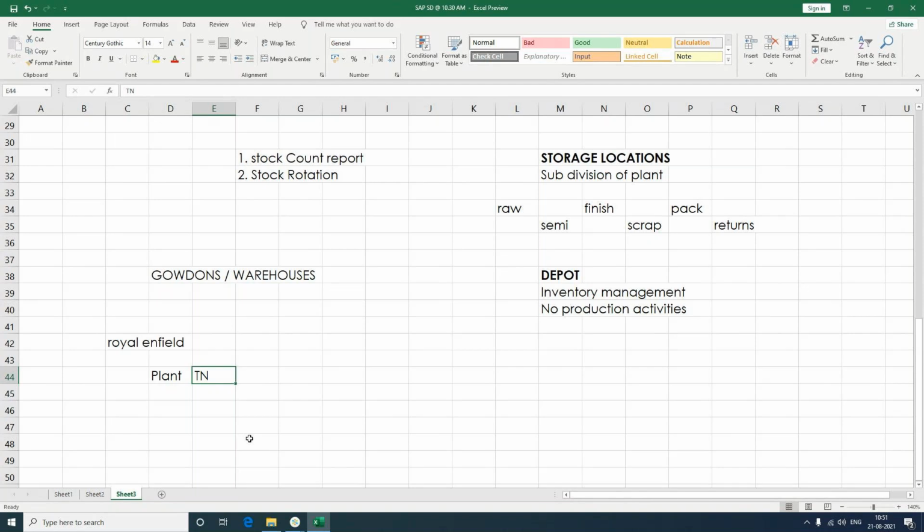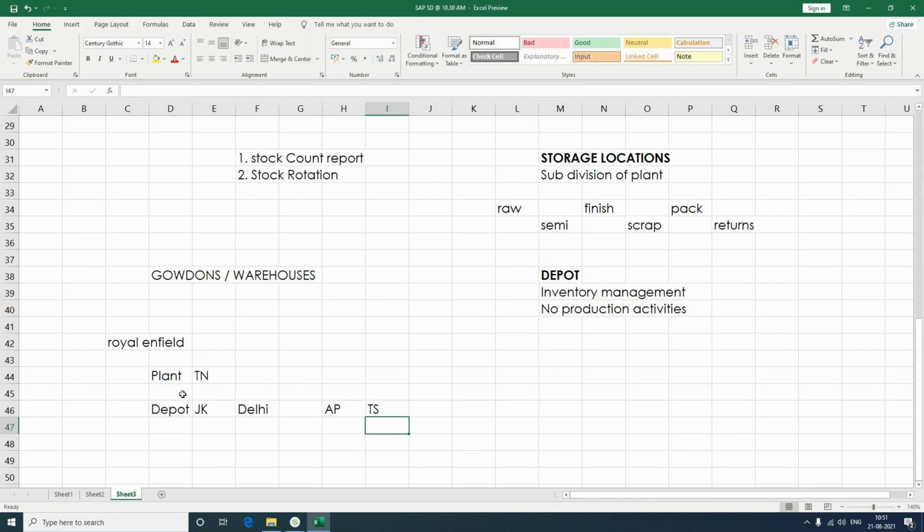So to reduce this delivery time, what we do is, the company establishes depots at different locations. Let's say one depot in Jammu and Kashmir, one depot in Delhi, one depot in AP. Like this, we try to maintain multiple depots at different locations.